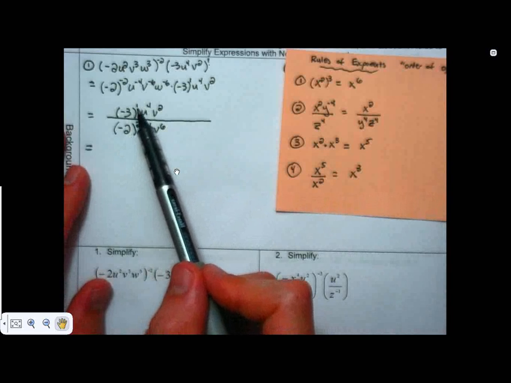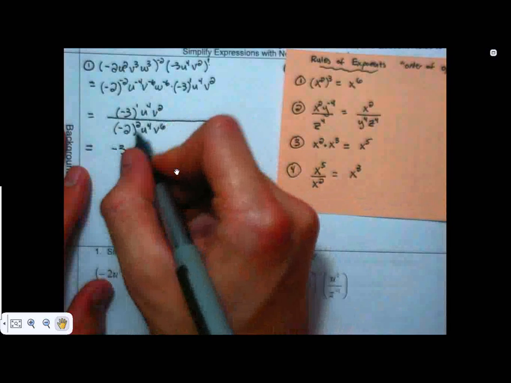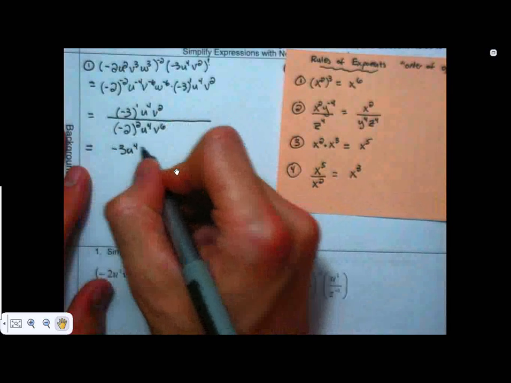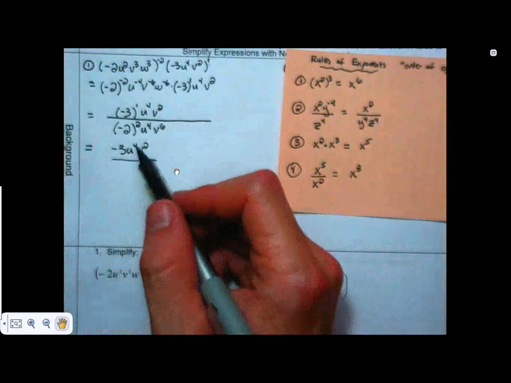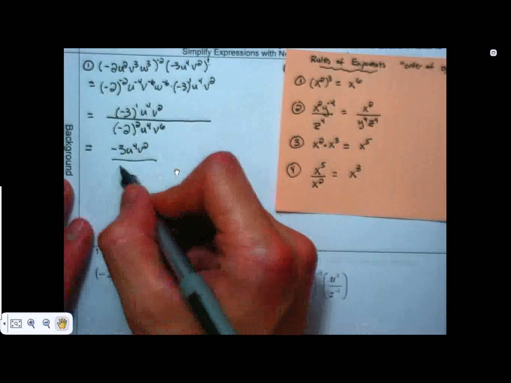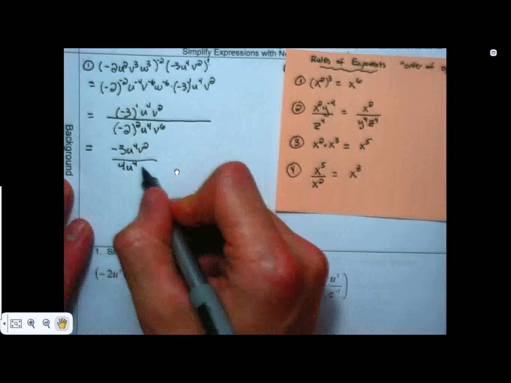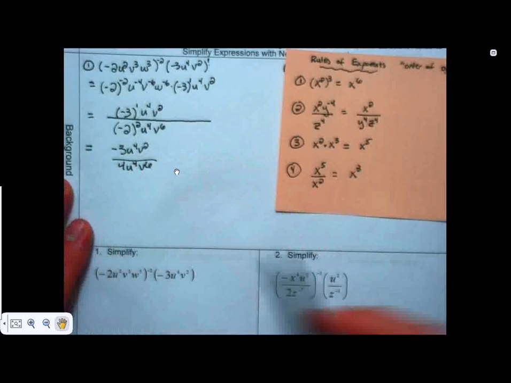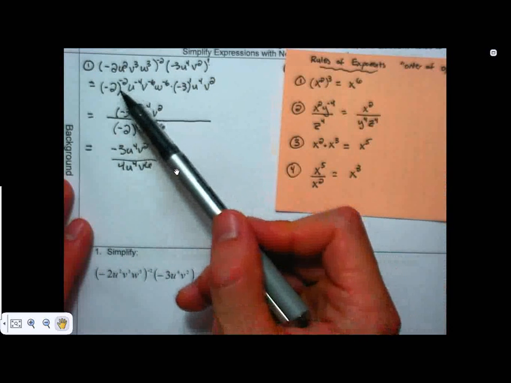So if I do -3 to the first power, that's just -3. u to the 4th, v to the 2nd. On the bottom, -2 to the 2nd power is +4, u to the 4th, v to the 6th. So it's really when I'm applying rule number 3 that I take care of the coefficients, not before.